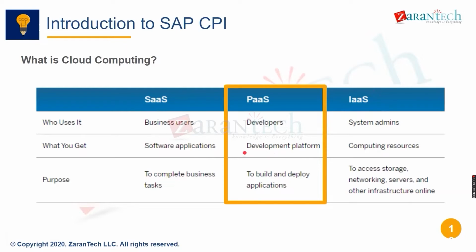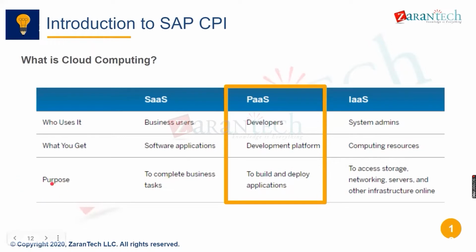CPI we call a development platform. What does it mean? You do the development, you do the testing, everything. That's why this development platform comes under platform as a service. Now, computing the resource: in infrastructure as a service, the system admins, or the authorized persons, have to compute all the data. That's why we call it computing the resource.